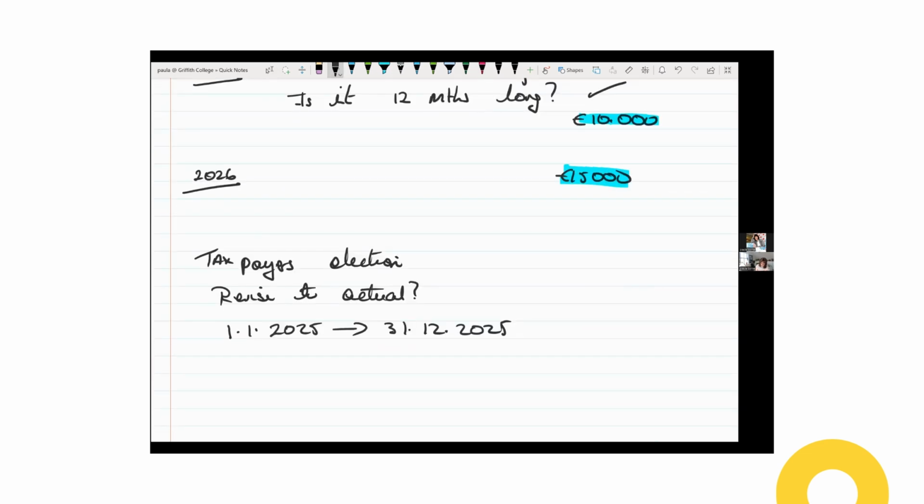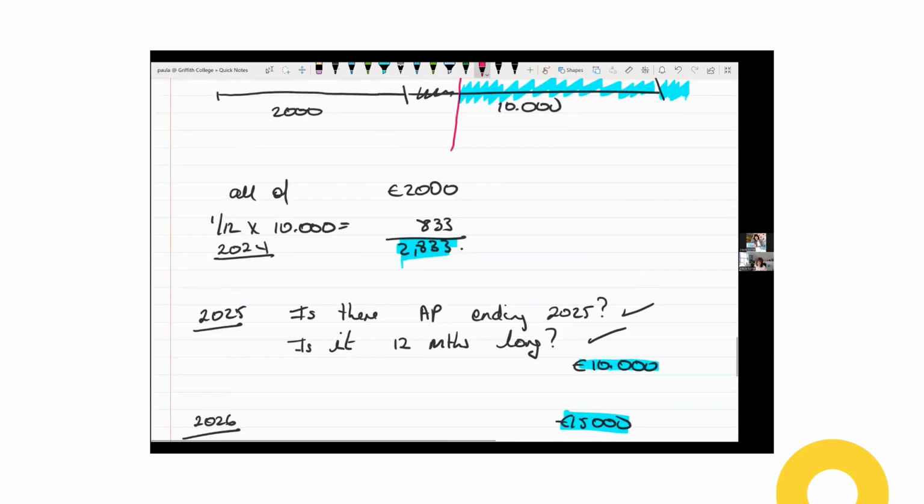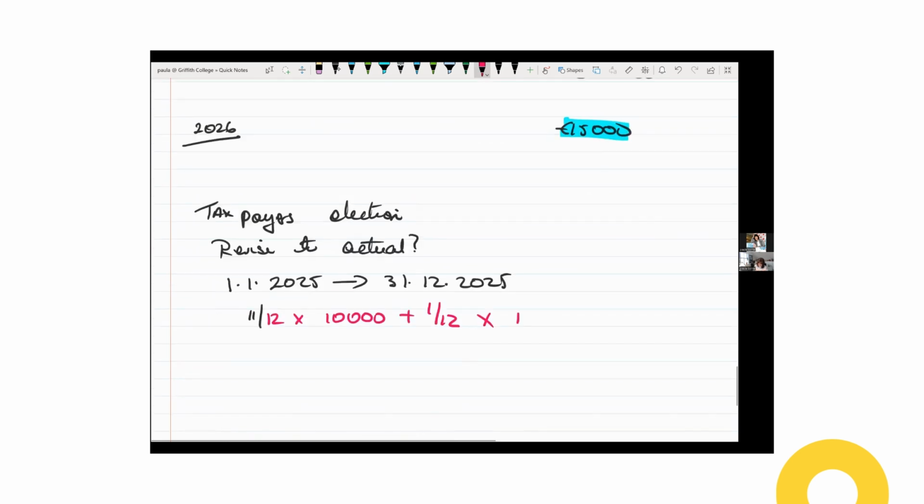I'll do this in red. 11 twelfths of the 10,000 and 1/12, because it's 11 and 1 is 12, of the following, which is 15,000. Now, let me just bear with me when I do my calculations. Divided by 12, multiplied by 11, and that gives me 9,167.